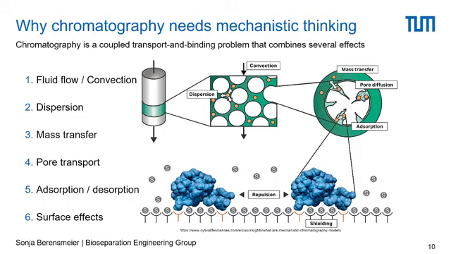And then we're going to look at the transport inside the pores, so the movement of the molecules inside of the pores themselves. We're going to look at adsorption, desorption effects on the surface of our adsorbent, and then we're also going to look at surface movement. So as you can already imagine, these models are quite complex, so they don't look at one singular effect, but they combine multiple effects.